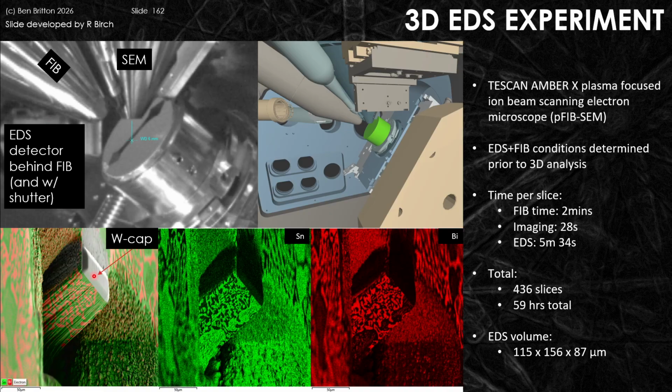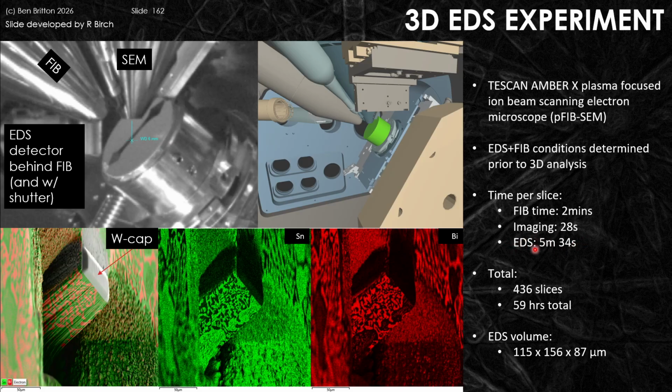We have the tungsten cap on the surface, and effectively this is the EDS of that material, where we have the tin as the green region, and the bismuth as the red in this case. So we've got this set up to do relatively fast FIB and imaging, but the EDS took a bit more time. It's 5 minutes to get us good quality data.